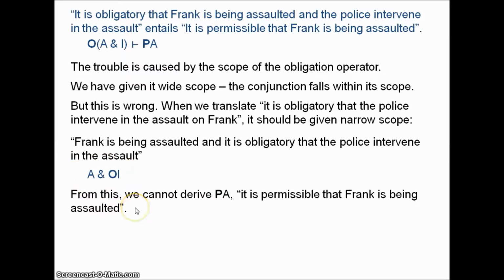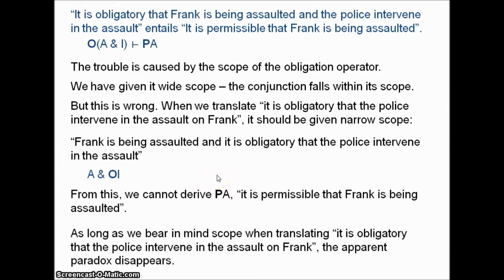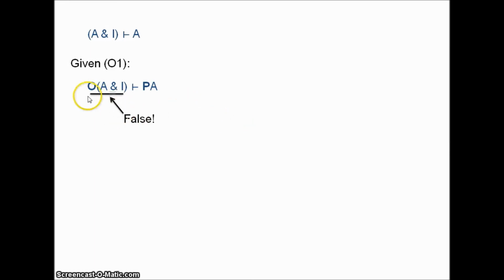So long as we keep scope in mind, the paradox disappears, because it is permissible that Frank is being assaulted cannot be derived from this conjunction. Basically, this is valid, right? That's valid, and so by the principle O1, this is also valid. But the premise is false, okay?